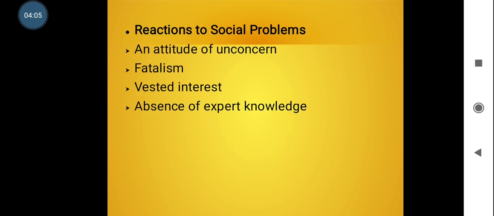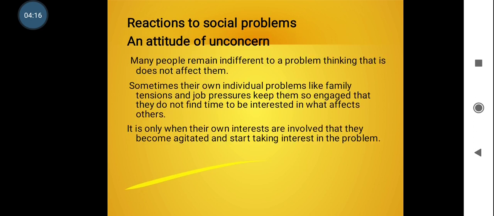Then, moving on to reactions to social problems: an attitude of unconcern, fatalism, vested interest, and absence of expert knowledge. First, an attitude of unconcern. Many people remain indifferent to a problem, thinking that it does not affect them.